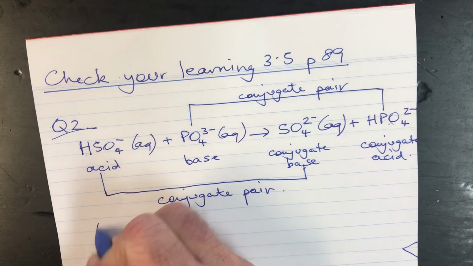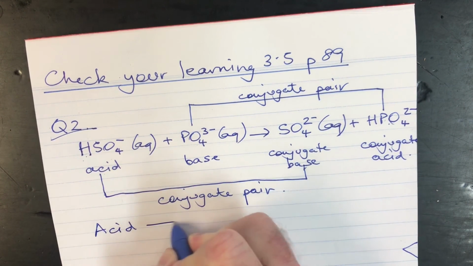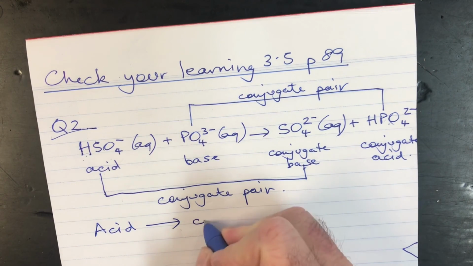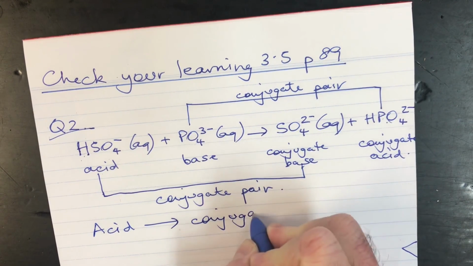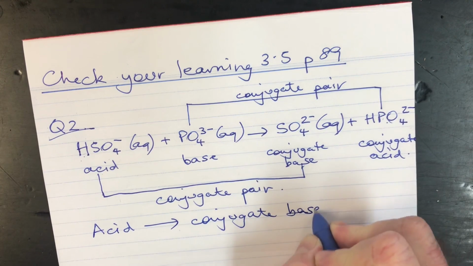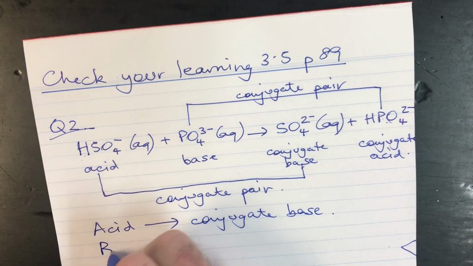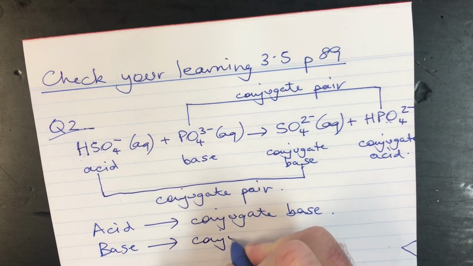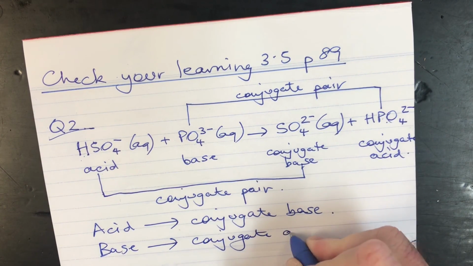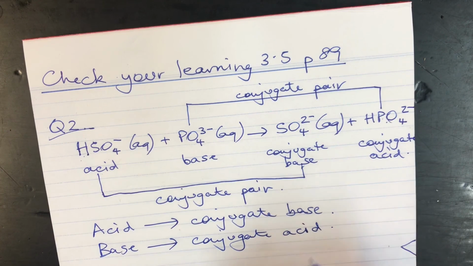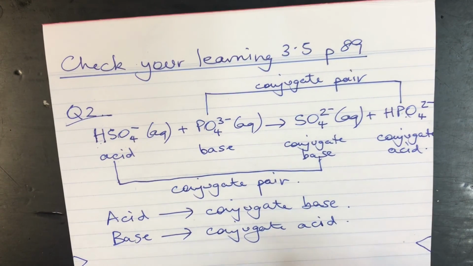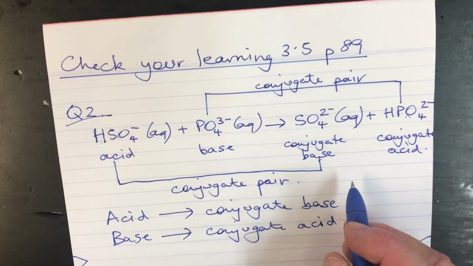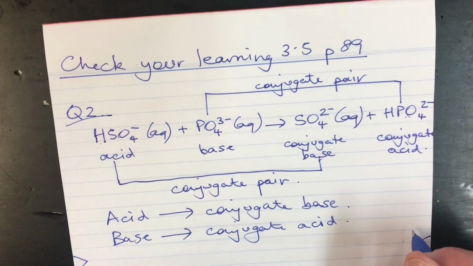But don't forget, the acid always becomes the conjugate base, and the base always reacts to produce the conjugate acid. I think that's the bit that messes with your mind, but don't let it mess with your mind. If you put it in the context of the reaction, it all falls into place.